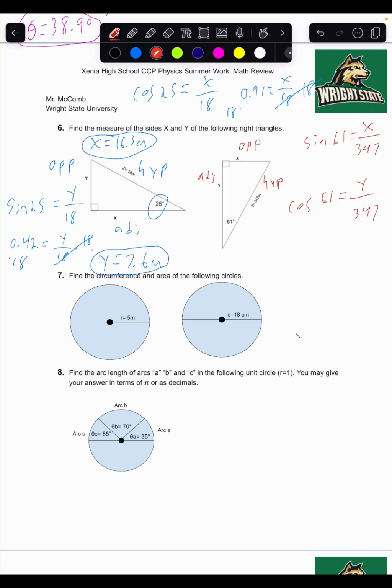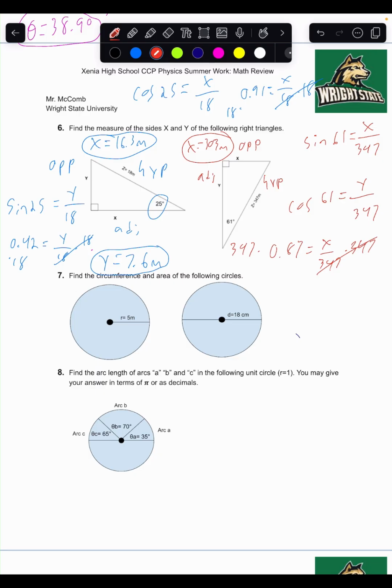So sine of 61 is 0.87 equals x over 347. Multiply both sides by 347. It's like 303-ish meters. And then y is the same way.